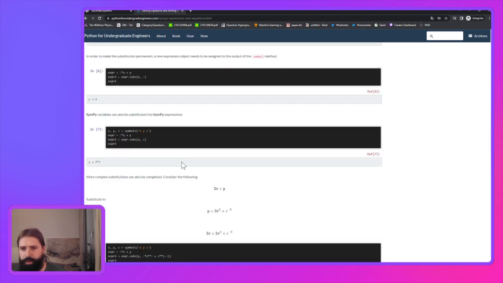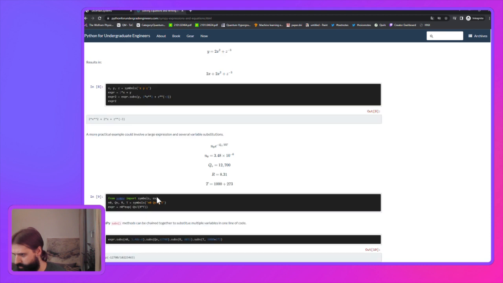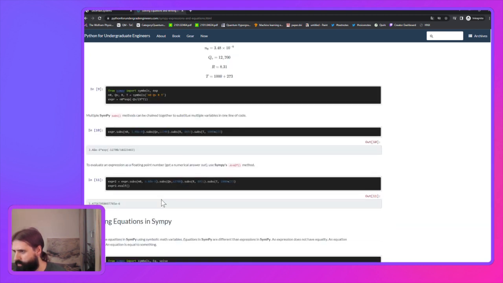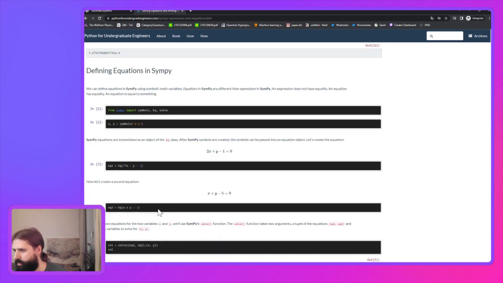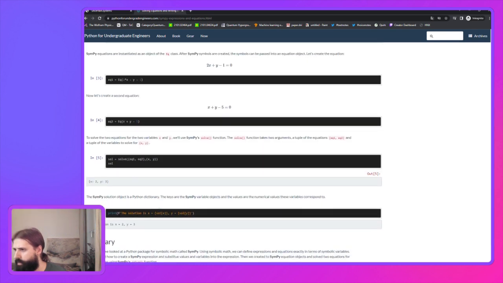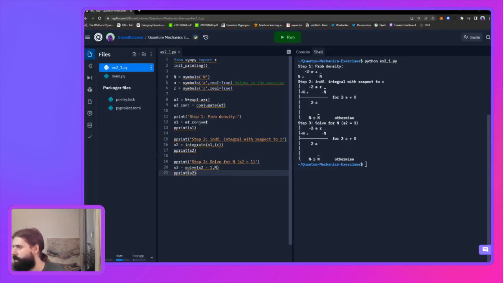So let's say you have that, and then what? Solve x, y, and that should actually print this stuff like that. Solve for n. And n just can't be recursive or something.